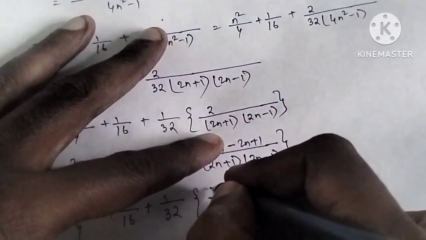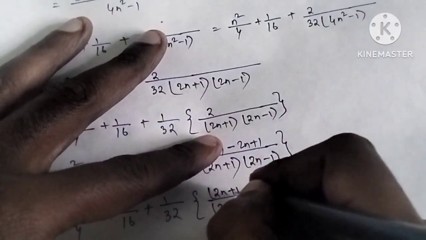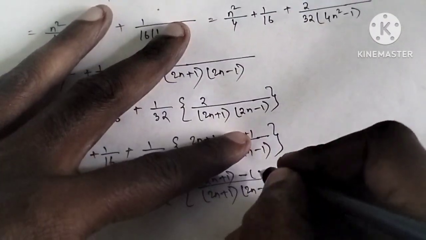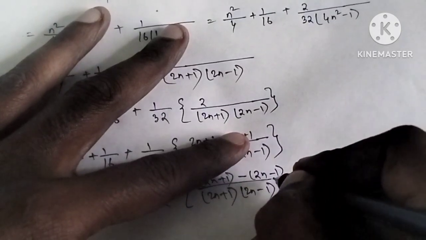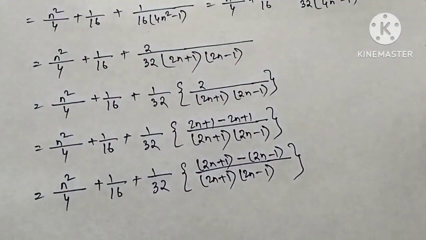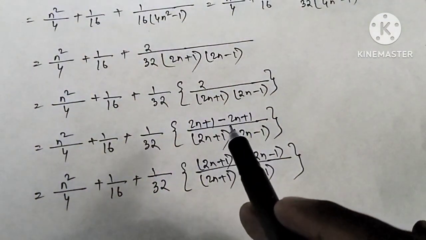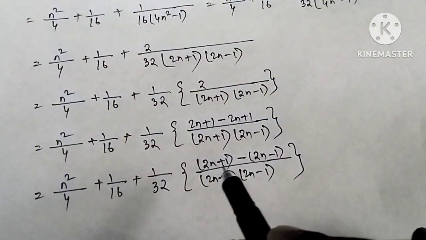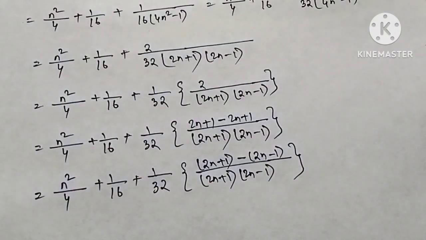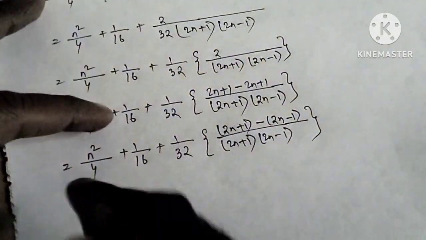Okay, now 2n plus 1, this minus 2n minus 1. Okay, 2n plus 1 minus 2n plus 1 can be written as 2n plus 1 minus bracket within bracket 2n minus 1. Okay, clear?